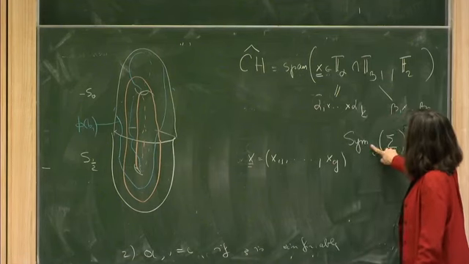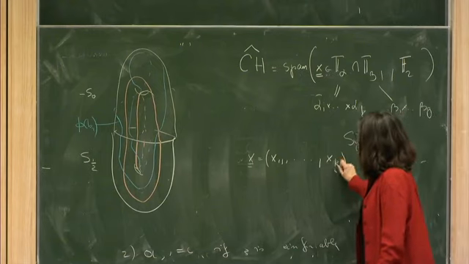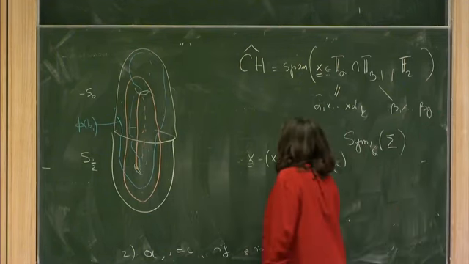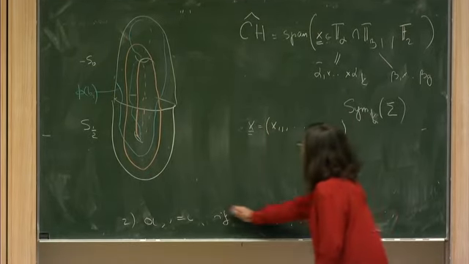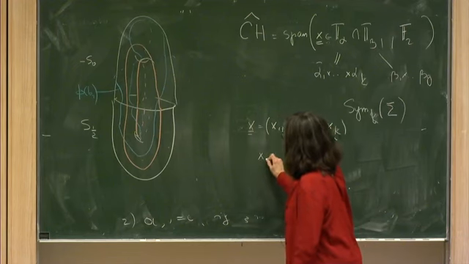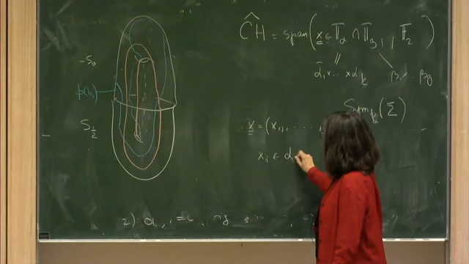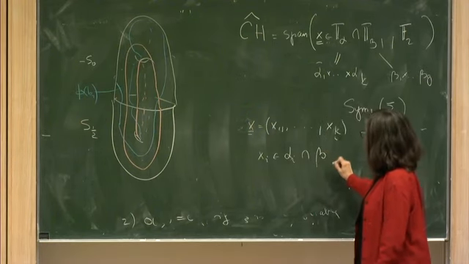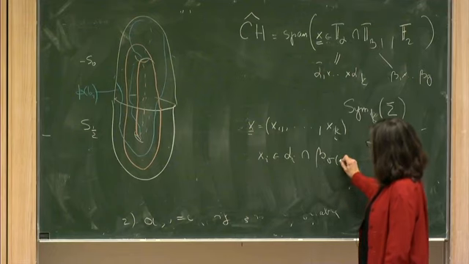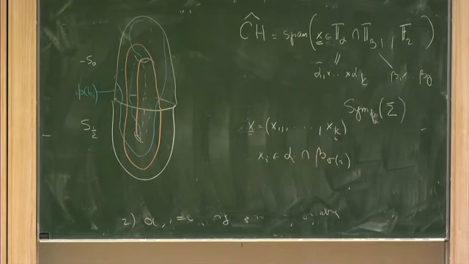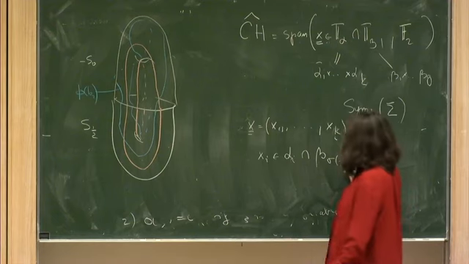This may not be g, but however many we need to cut the surface down to a disk, with the property that every xi lives on some curve alpha i intersect with beta j, where beta j depends on i by some permutation. So my x has one point from each alpha and each beta curve.